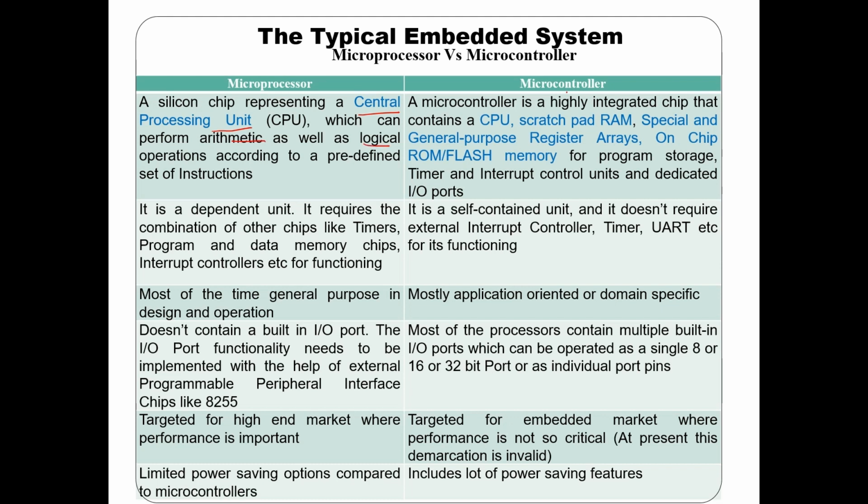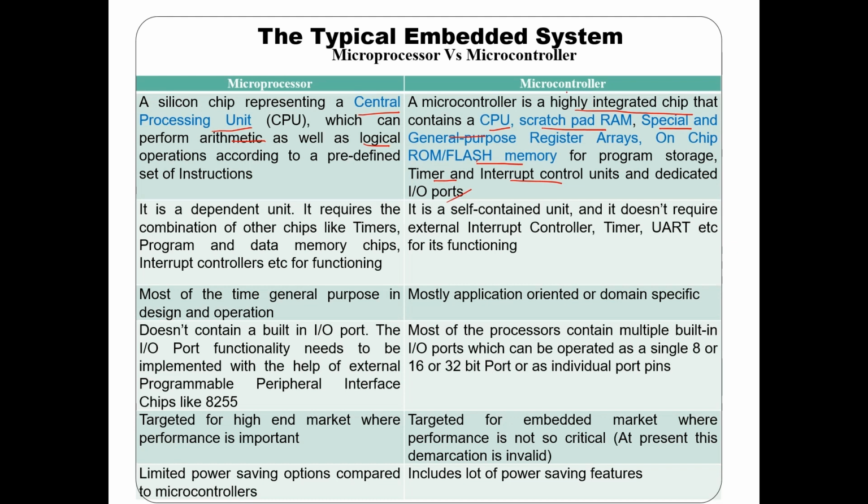Coming to the other side, the microcontroller is a single chip that contains not only the CPU, but also the scratch pad RAM, ROM, special purpose register arrays, and flash memory on a single chip. Along with that, you can see the timers, the interrupt controllers as well as the I/O ports. So that is the difference we have derived from the block diagram.